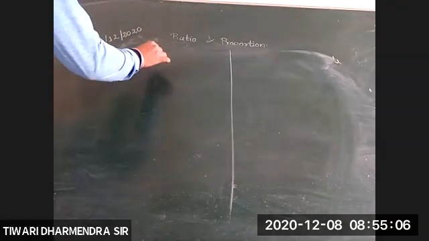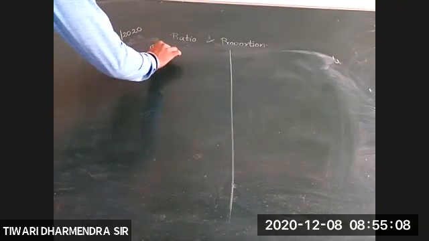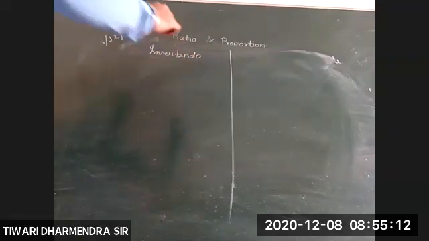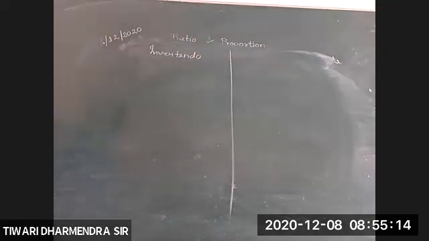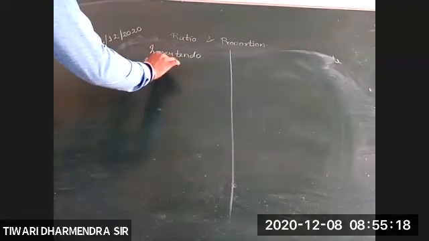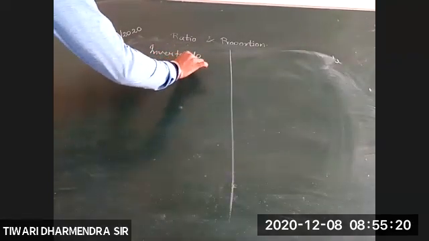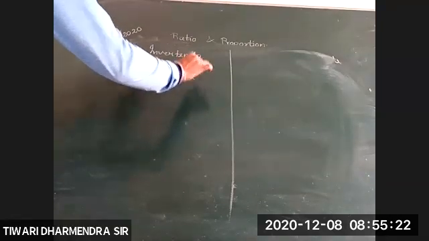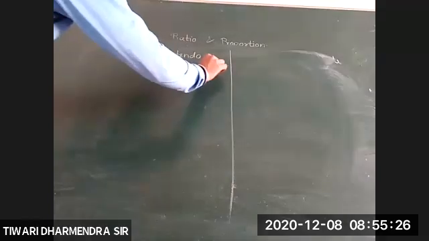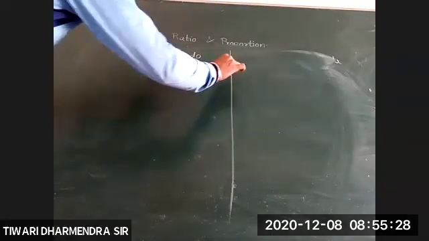First is invertendo. Invertendo says if we are having two ratios, that is A by B and C by D, such that both are equal, then what will happen?